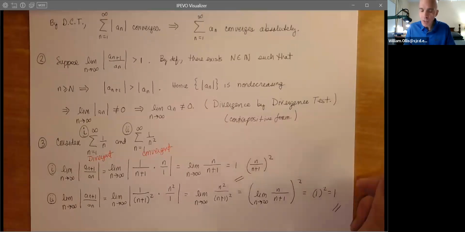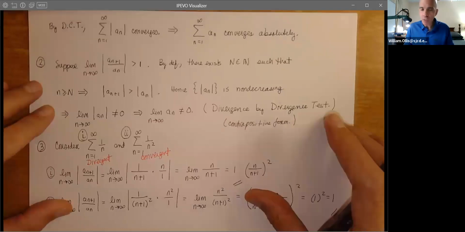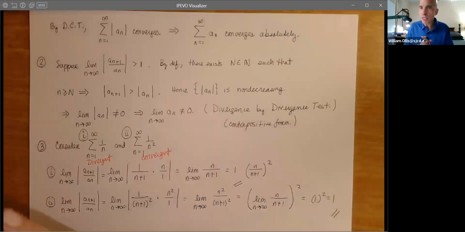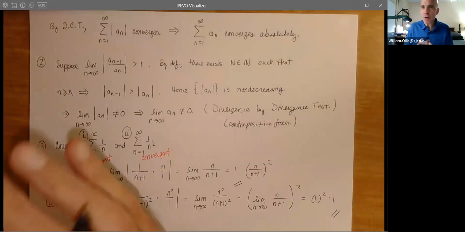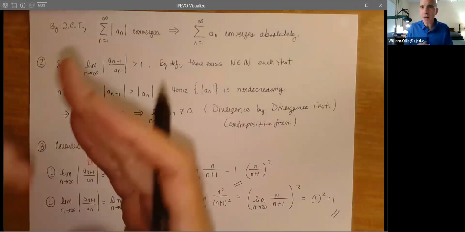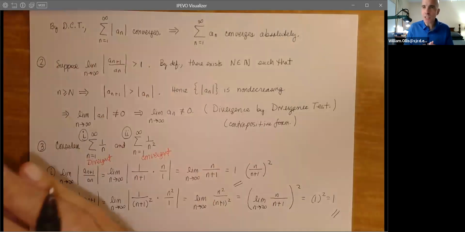Got to try something else. So the idea here is that, again, when you think about tests that you've already done, we're amassing different convergence tests. And so you can now say, okay, well, I could use this test, but it's kind of difficult. And if I tried to integrate that, that'd be more work than I want to do. Can I use the ratio test?